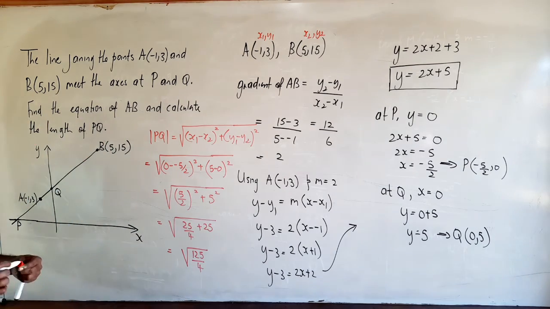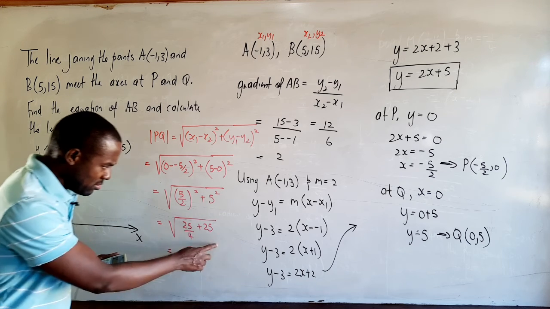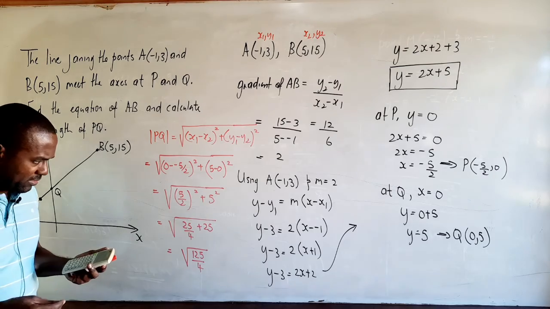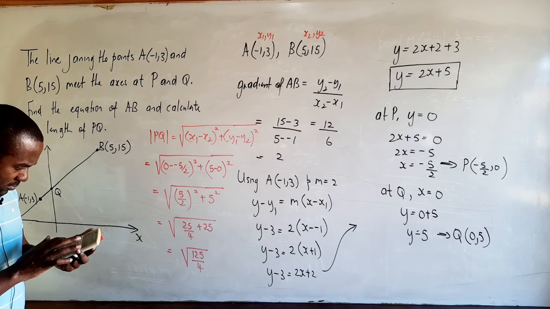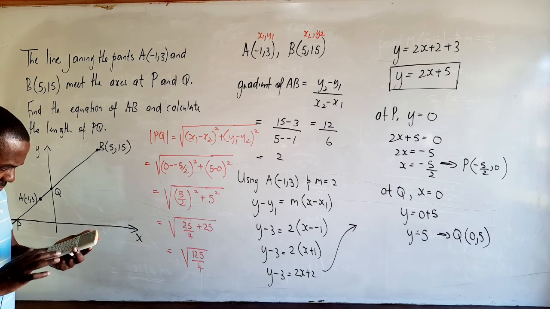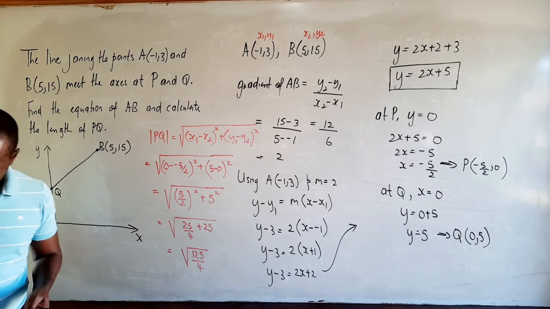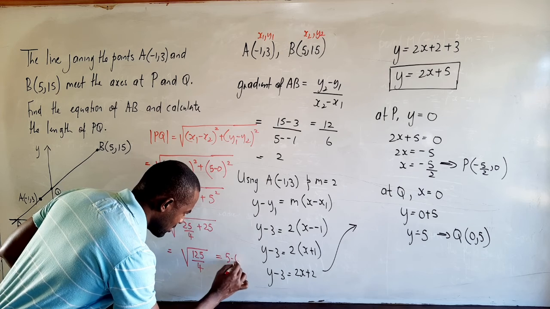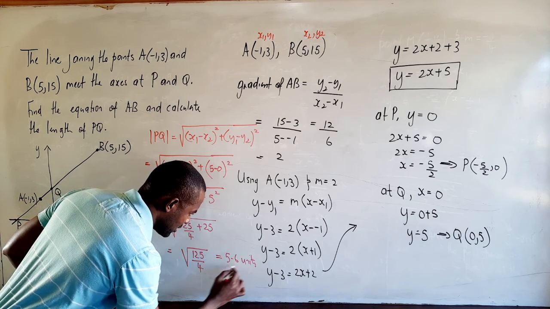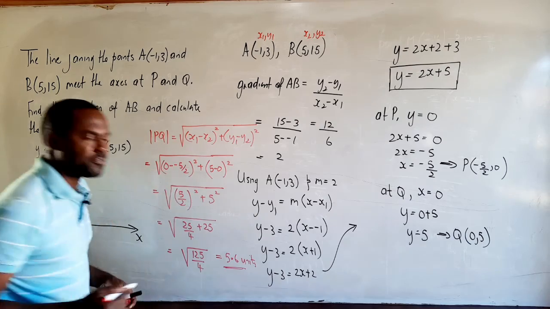The exact length of PQ is the root of 125 over 4, but if you want to express that as a non-surd, it gives us approximately 5.6 units, correct to two significant figures.